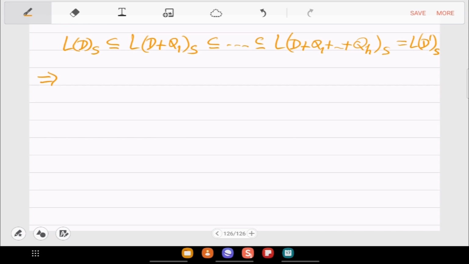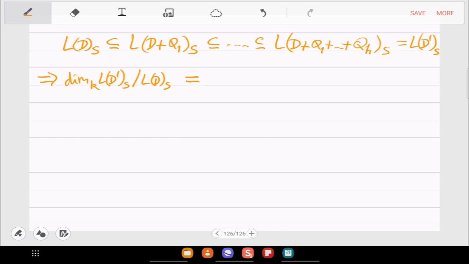This means that the dimension of L(D',S) mod L(D,S) over the base field K is equal to, and this will just follow from linear algebra.